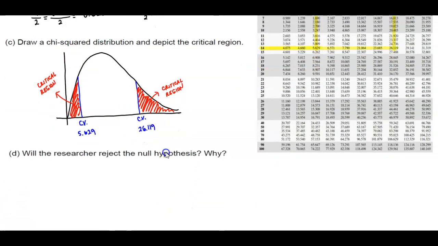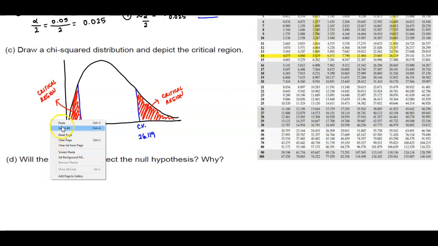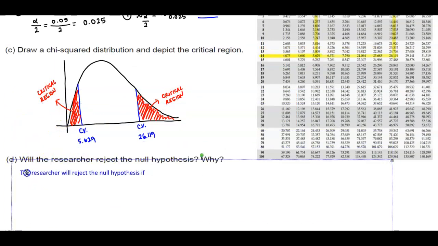So now it says, will the researcher reject the null hypothesis and why? Okay, so the researcher will reject the null hypothesis if the test statistic falls in a critical region.